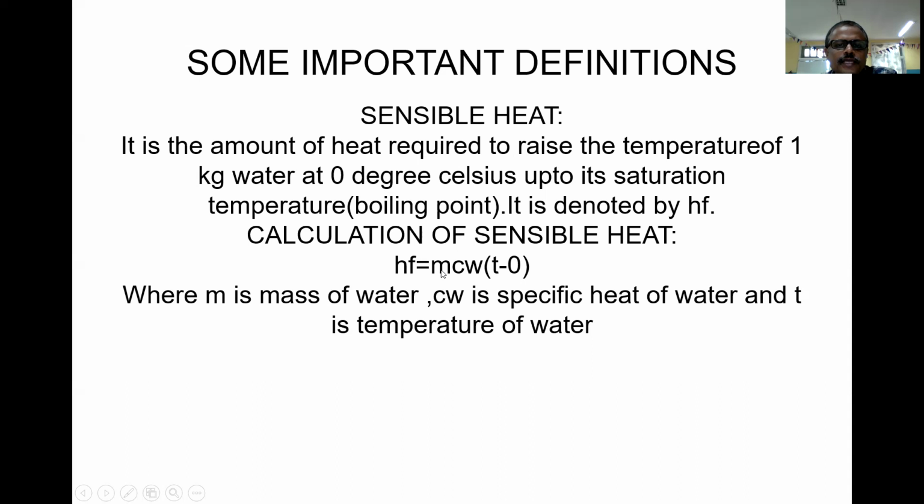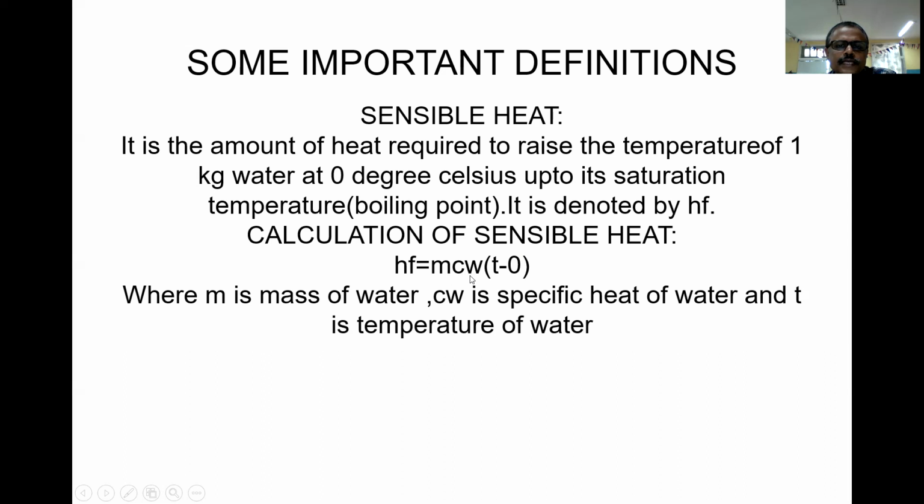Calculation is m, the mass of water, Cw, the specific heat of water, into the change in temperature. Here I have written T as the boiling point of water, minus 0, because we have started the steam formation explanation with water at 0 degrees centigrade. So basically sensible heat is the m C dT equation.